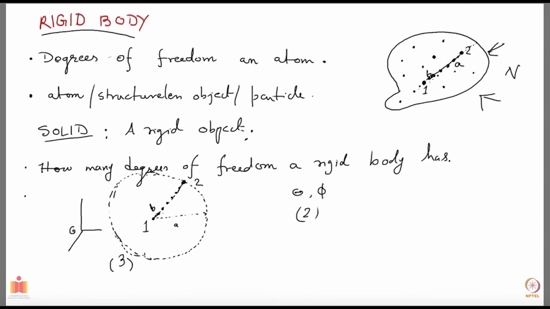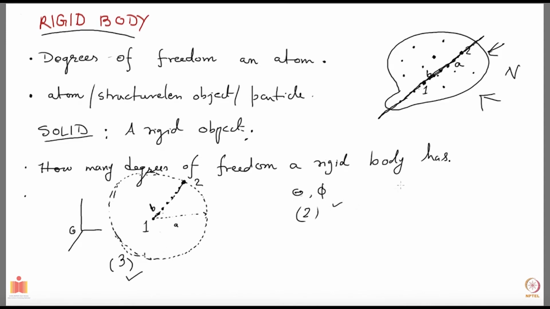So if you draw a line connecting point number 1 and point number 2, then all the particles on that line are completely specified, their locations, by specifying these 3 numbers and these 2 numbers.